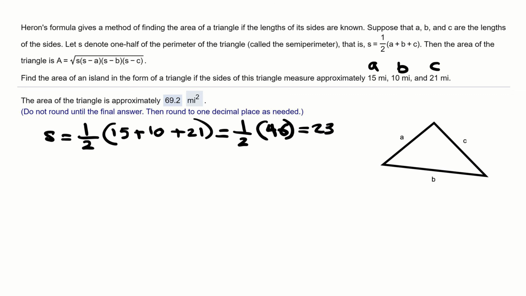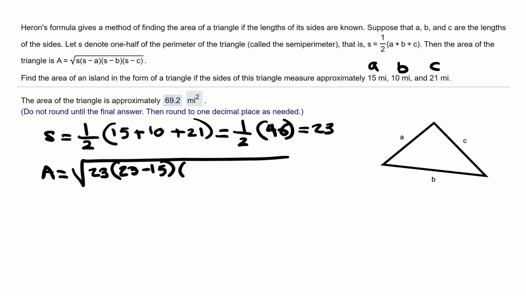So now that we know the value of S, we're going to go ahead and plug it into Heron's formula. So we get A equals the square root of, now we start with S, so 23, times S minus A. Notice we called 15 the A, so 23 minus 15, times S minus B, so 23 minus 10, times S minus C, which is 23 minus 21.